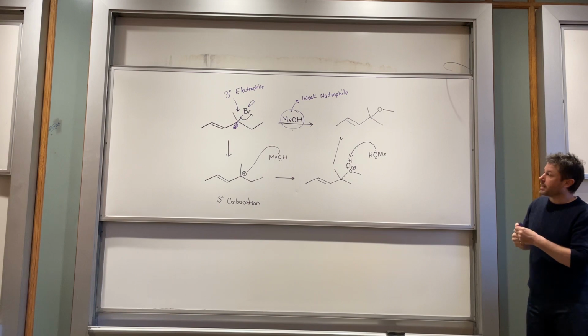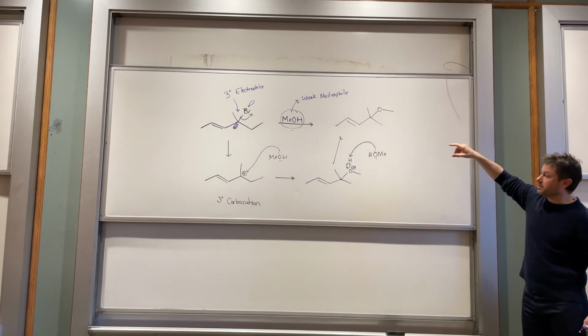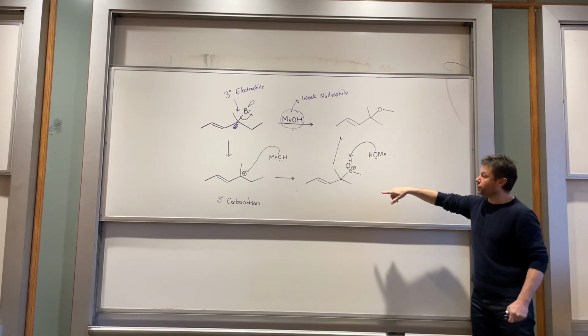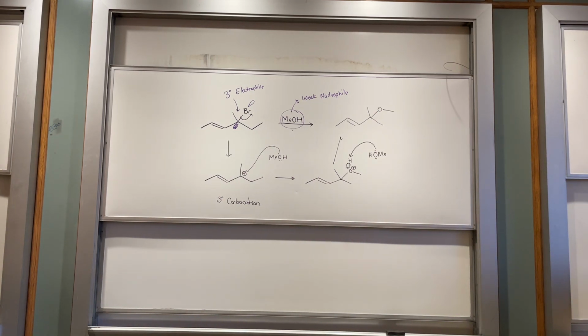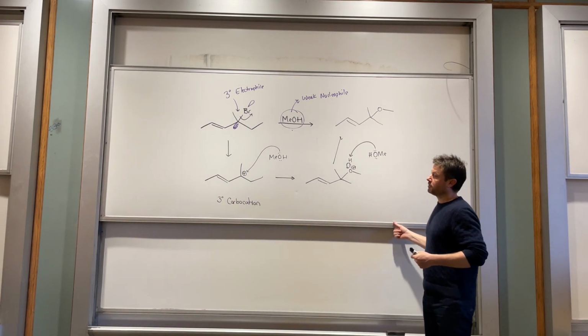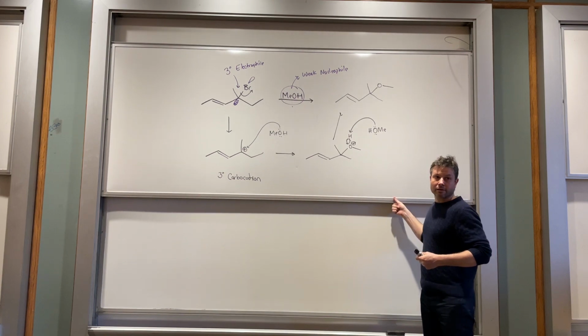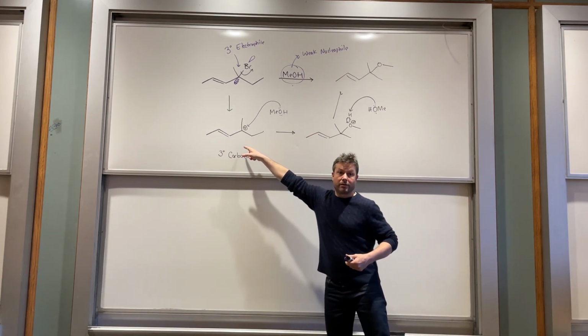If we look at the course of this mechanism, there are 3 steps and 2 different intermediates. Is there anything that can happen to one of these intermediates, or is there any way that we can represent one of the intermediates? When it's a tertiary carbocation, the pi electrons will shift towards the carbocation. Yeah, good.